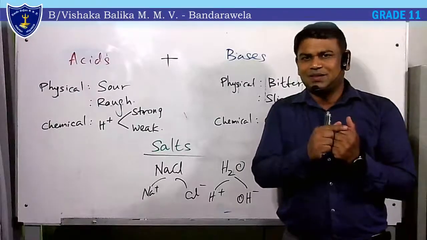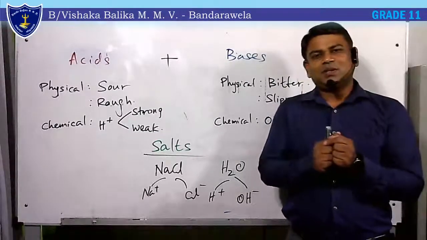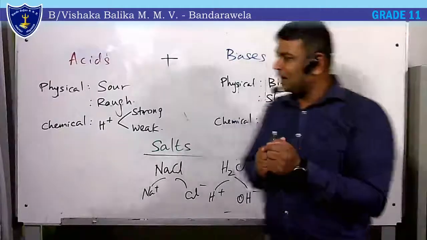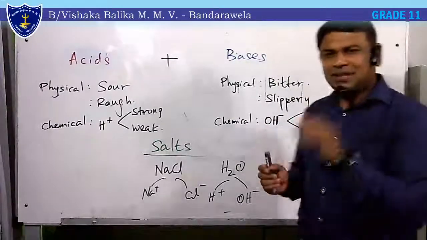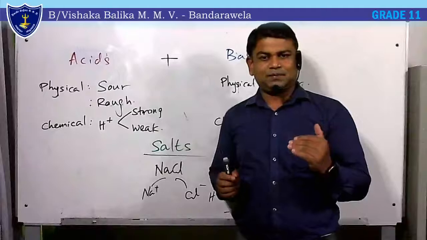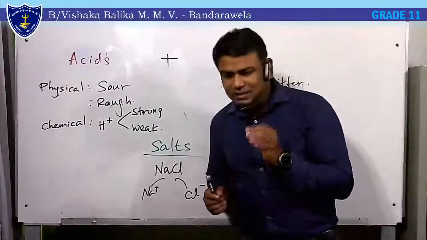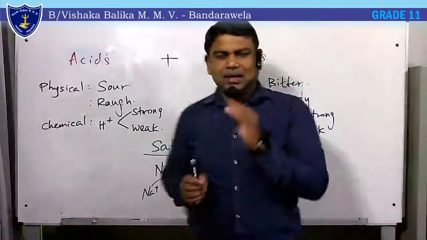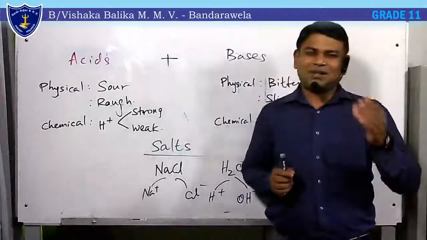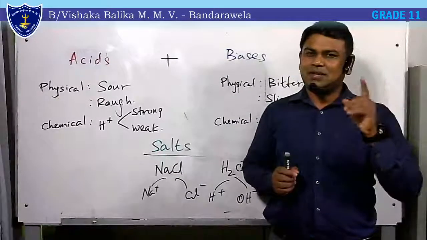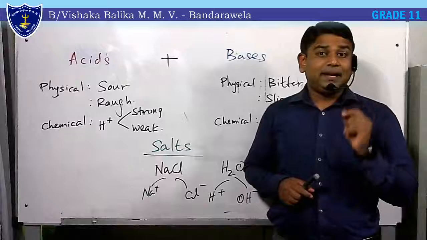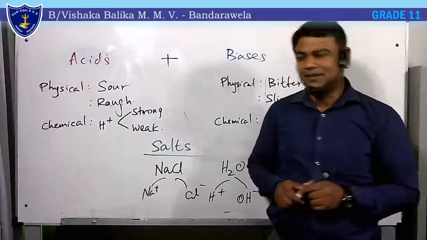So using indicators we can identify them. I will take that as the next chapter. If I see the time now, it's 8 minutes past, and after around 20 minutes we will start to discuss the indicators.